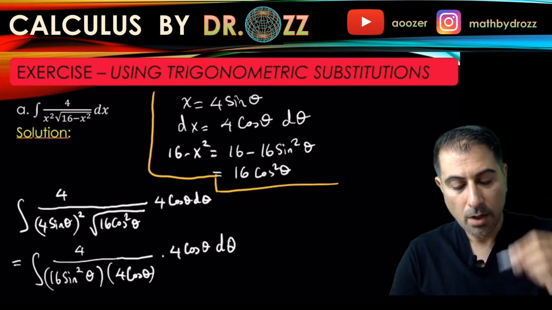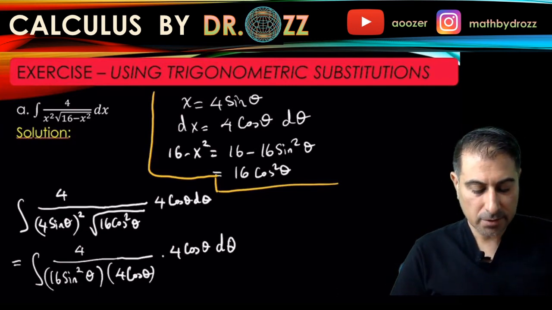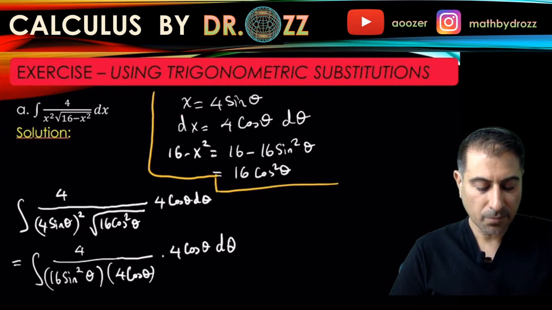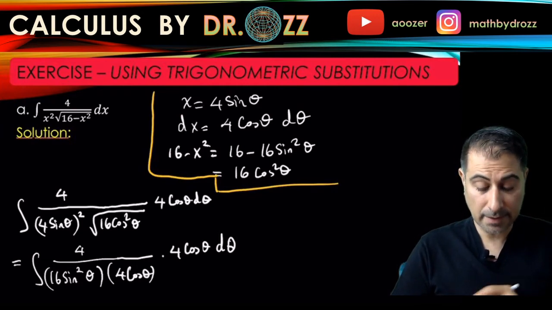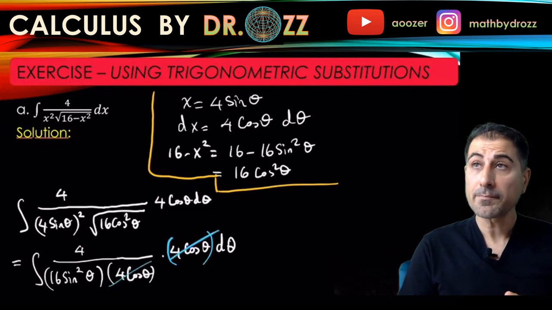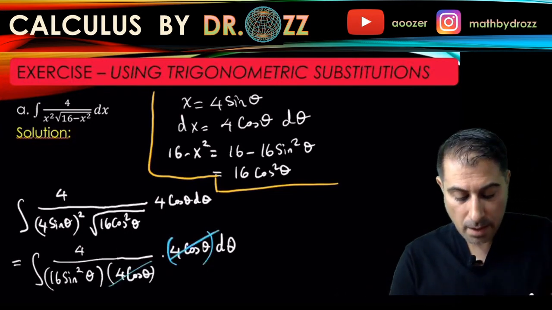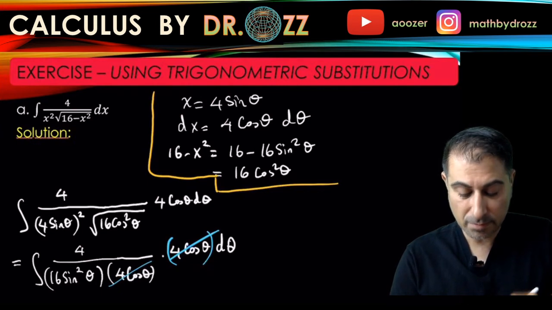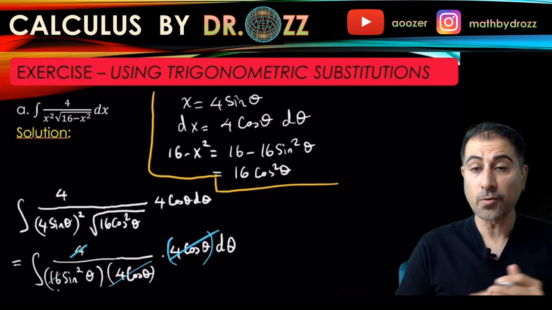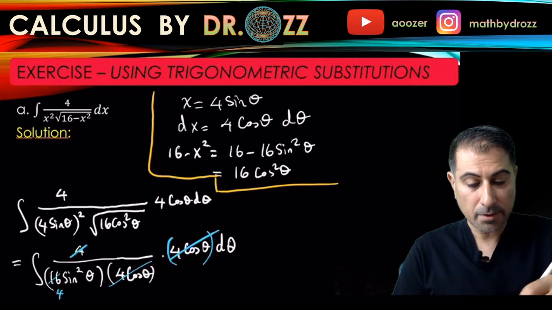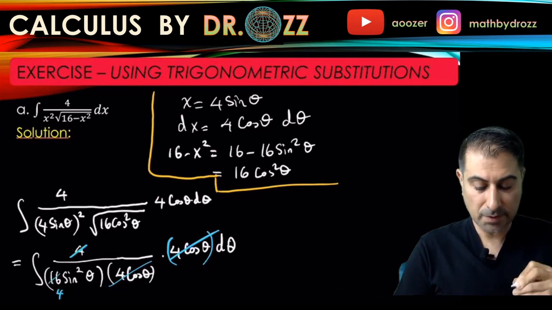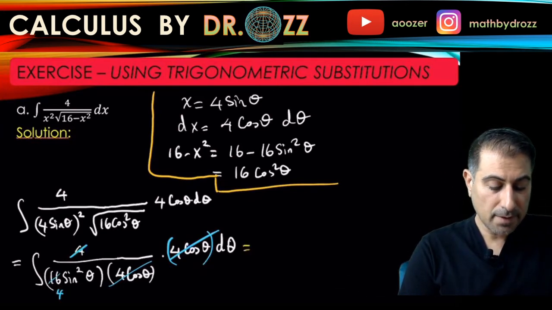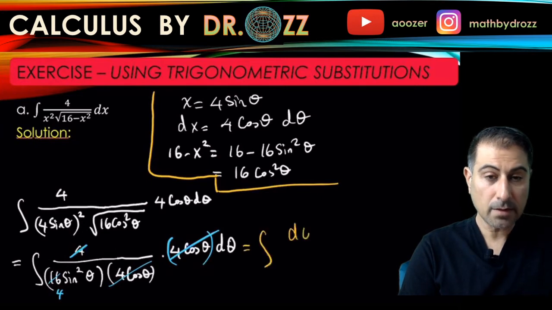Let's observe cancellations here. I have this 4 cosine theta canceling the 4 cosine theta in the bottom, and I have this 4 canceling with the 16, and then you still have 4 in the bottom because 16 is 4 times 4. I'm going to rewrite this integral in the simplified form. It's d theta over sine squared theta.